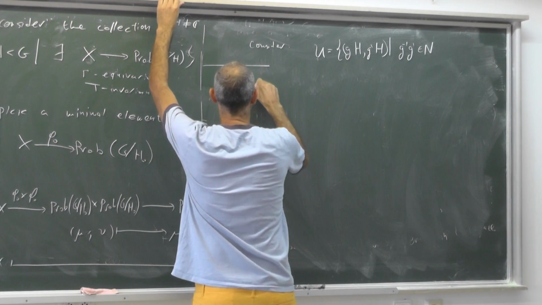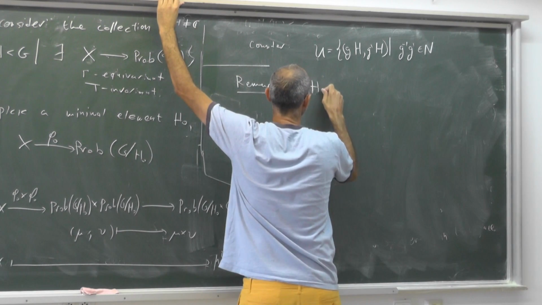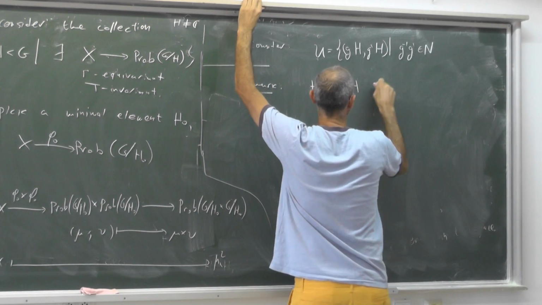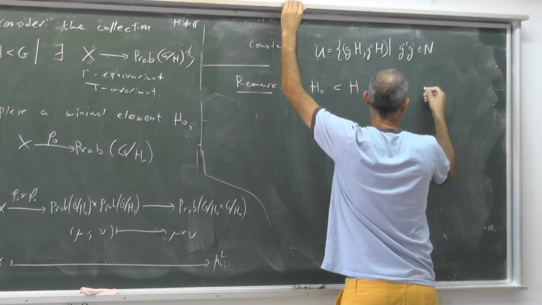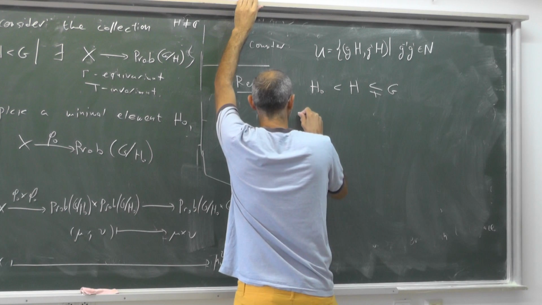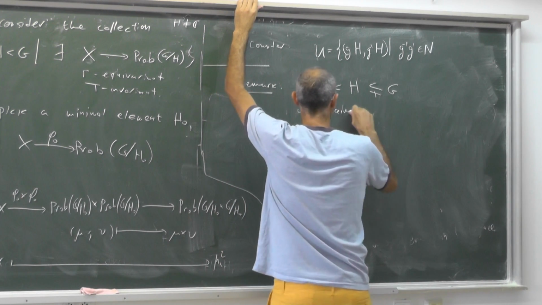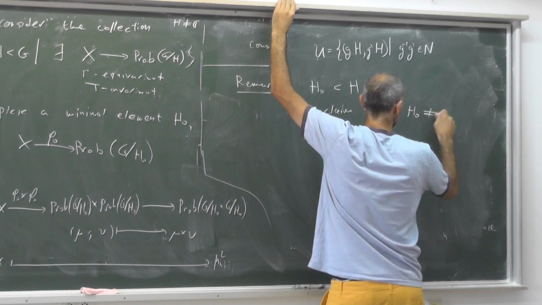Remark. H0 is smaller than H, smaller not equal G. We claim H0 also is not the identity.